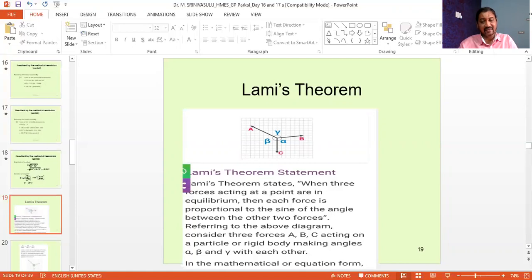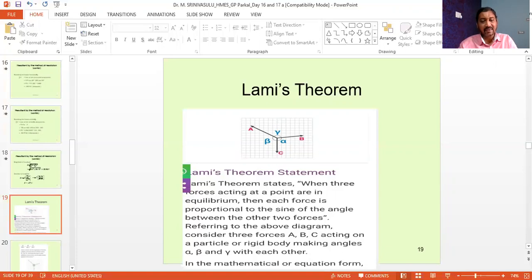In this condition, if all the forces acting at the point O are in equilibrium, then according to Lami's theorem, force A by sin alpha, and force B by sin beta, and force C by sin gamma.